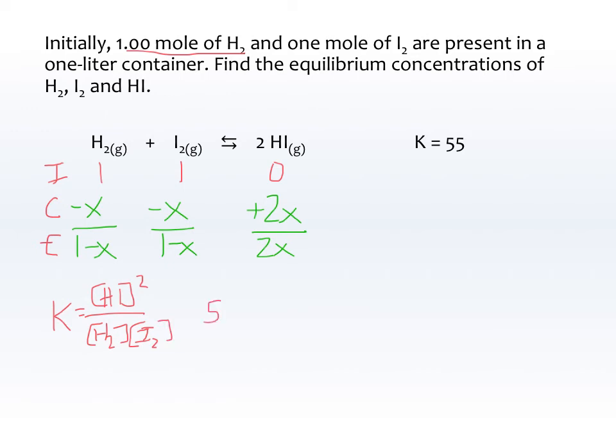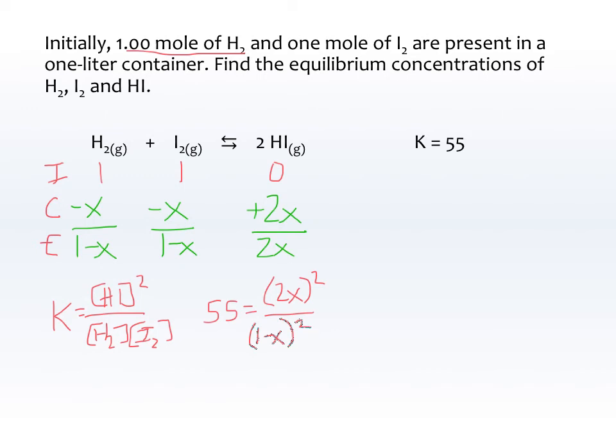So 55 equals 2x squared over 1 minus x times 1 minus x. Hopefully you saw the same shortcut as we did before. 2x squared is already 2x squared, but 1 minus x times 1 minus x, we could just write as 1 minus x squared.